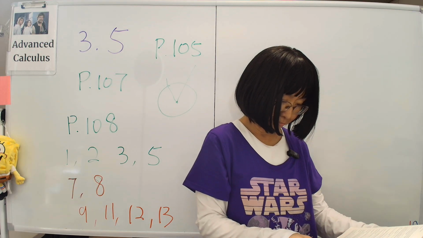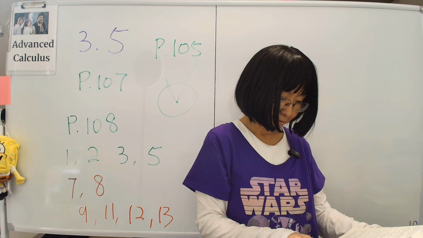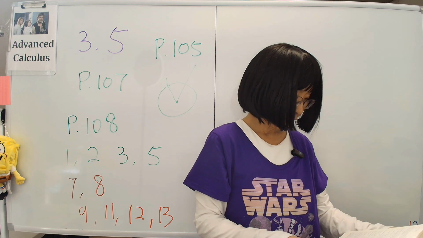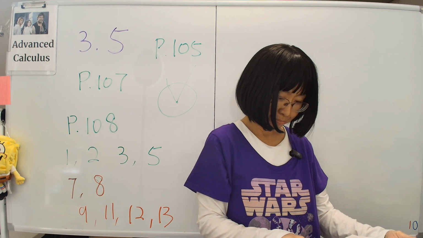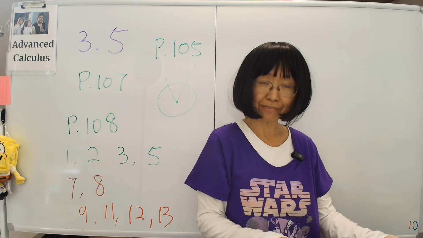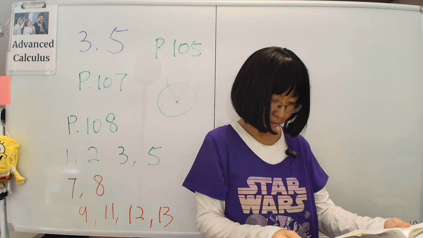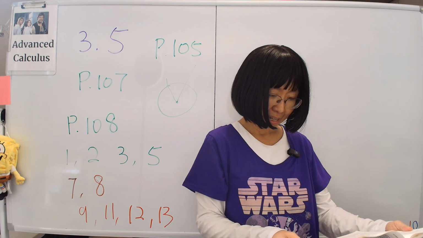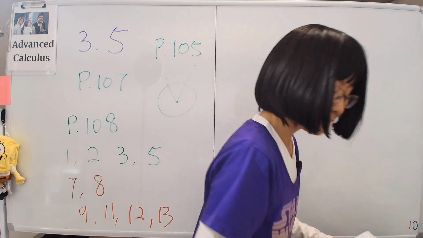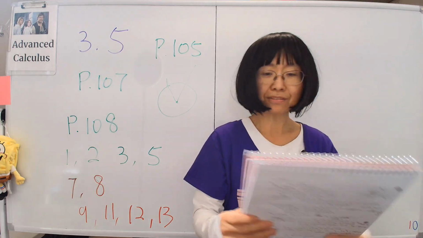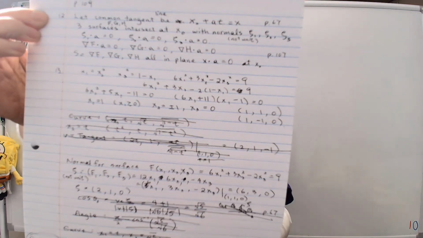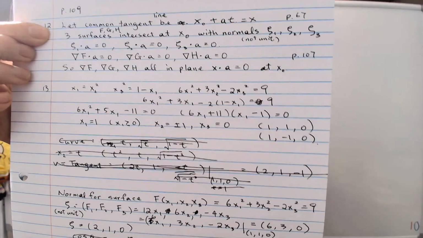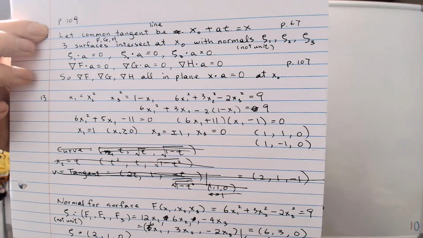Problem 12, if you have three surfaces in the form 2, okay, form 2 is the big F. So three surfaces should have a common tangent line at a common point of intersection. So if we have three surfaces that have the common tangent and a common point, let's say we call the tangent line that thing.